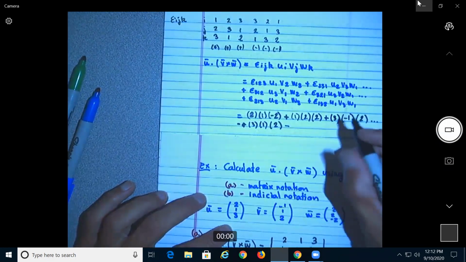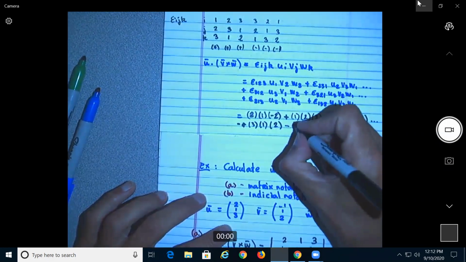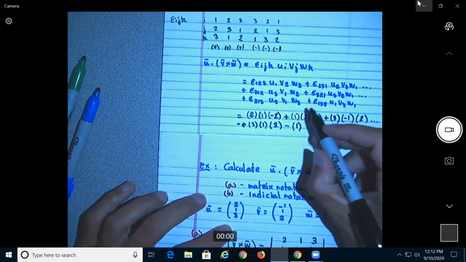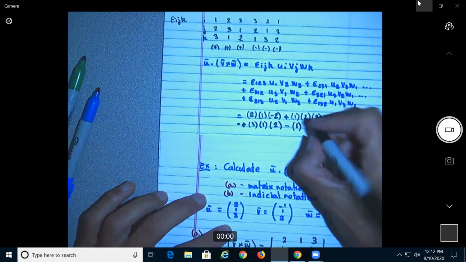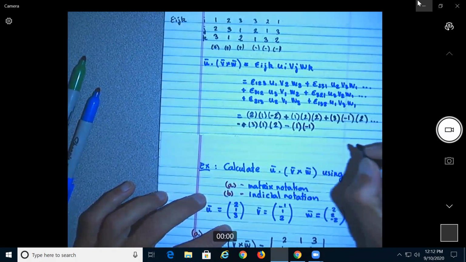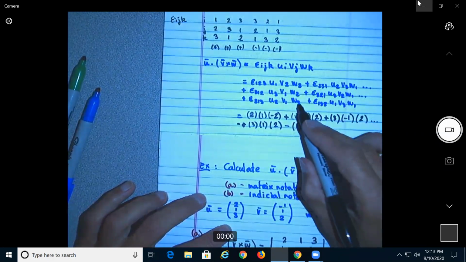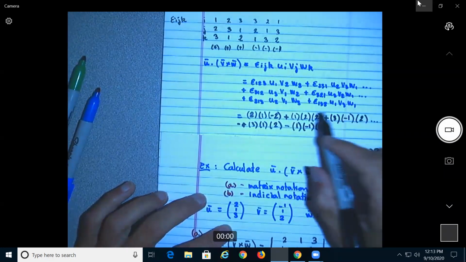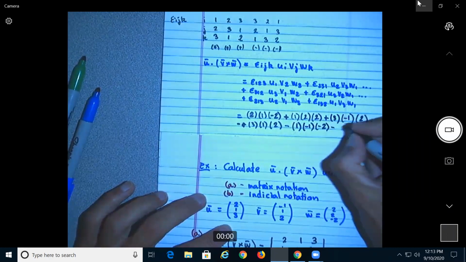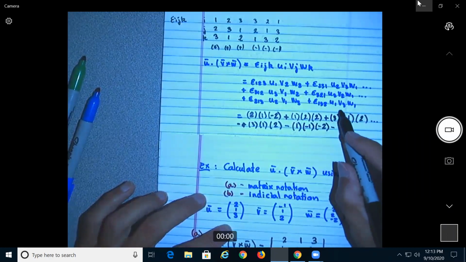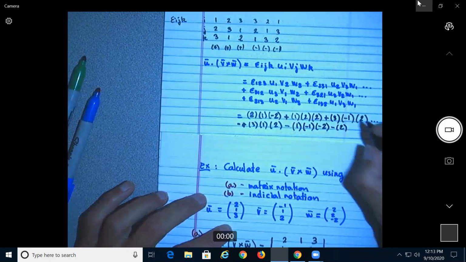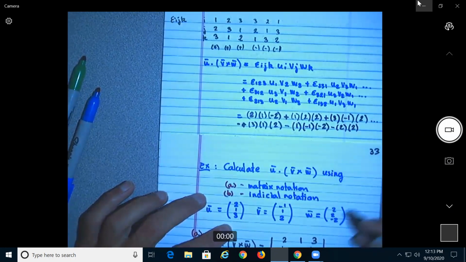We go to 2, 1, 3. So we have u2, which is 1, v1, which is negative 1, and w3, which is negative 2. And the last one should be u1, 2, v3, 2, w1, which is 2.